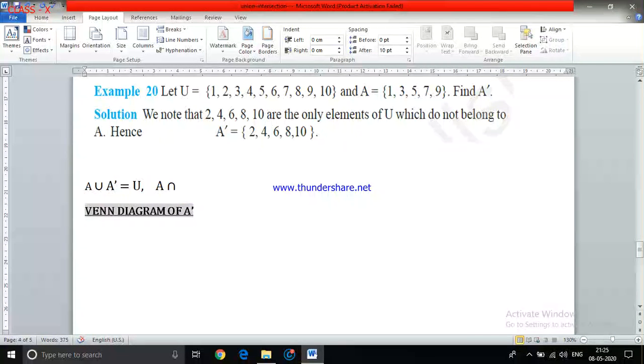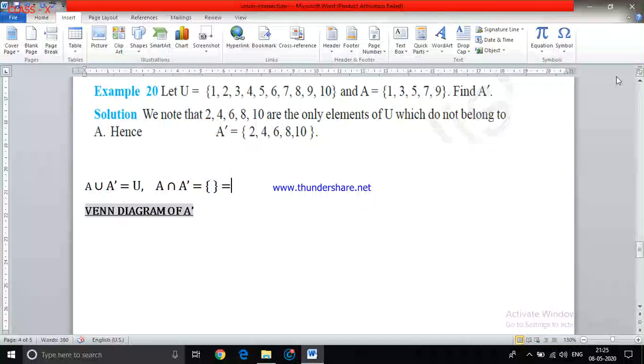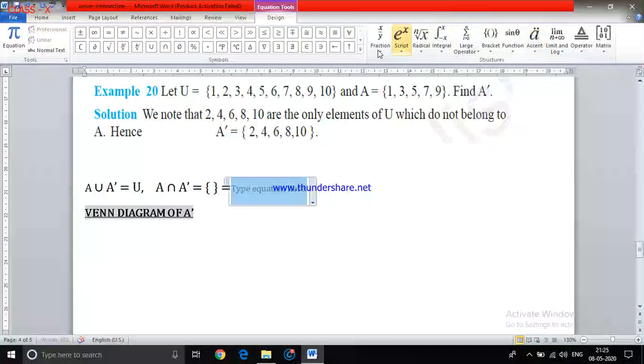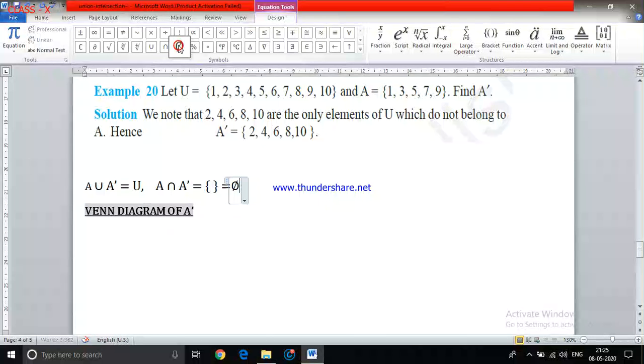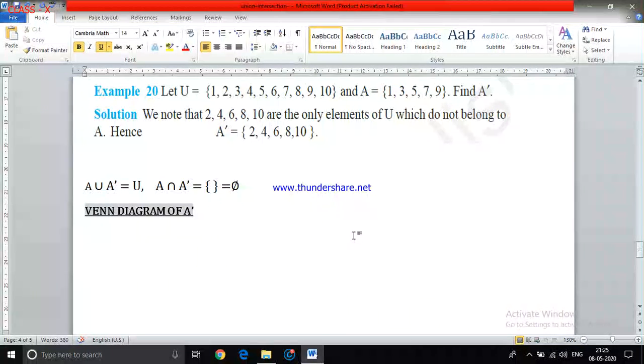A intersection with A complement will always give you an empty set. As I said, you can use, where is this empty symbol? Yeah, you can use that empty set symbol also. Understood?